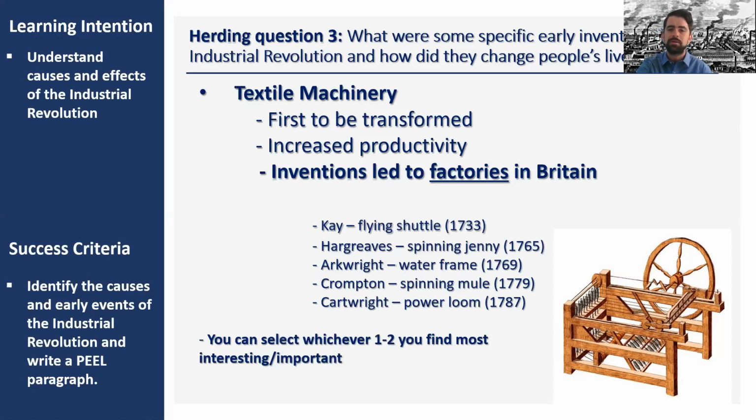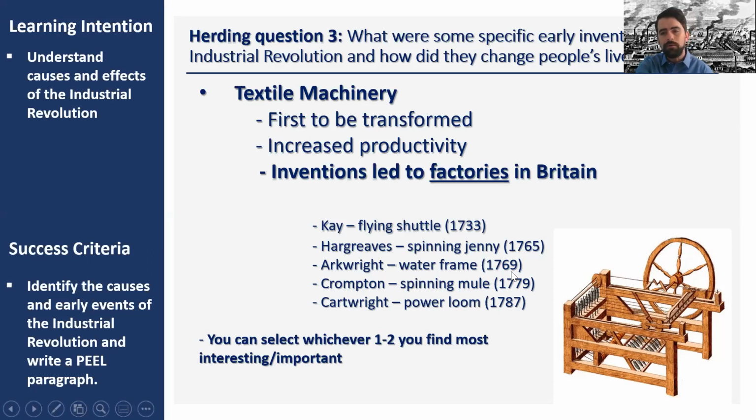We can see here a picture of what's called the spinning jenny, which was a specific type of one. I've highlighted 5 different inventors and their specific inventions. All of these can be found within your textbook, starting on page 283 and continuing to, I guess it's 286, okay? Pick a couple of these if you choose to answer this question. Know what these were.